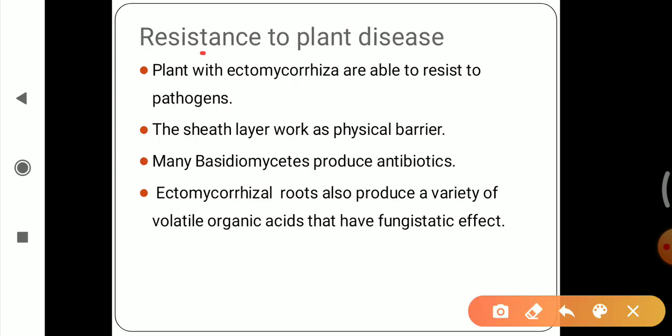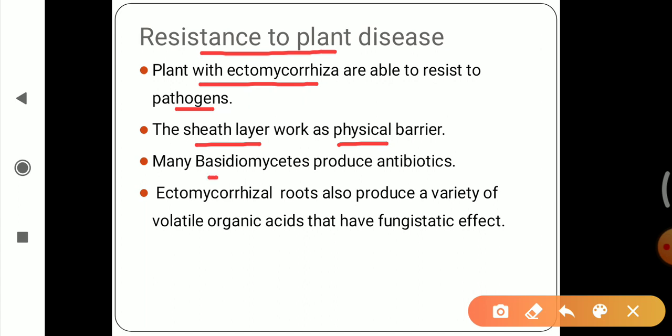What kind of resistance to plant disease is shown? Plants with Ectomycorrhiza are able to resist pathogens, because of the symbiotic association between the fungi and the root. The sheath layer works as a physical barrier.